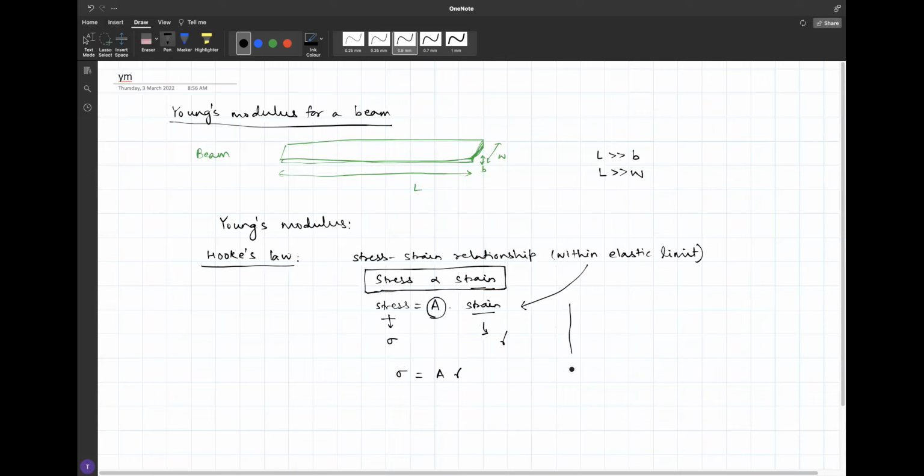You might ask why sigma is proportional to gamma, when it could be proportional to gamma square or whatever power of gamma. But we are saying it is linearly proportional, that means the power of gamma is 1. That's an elastic limit, and in that limit this modulus is called the elastic modulus.